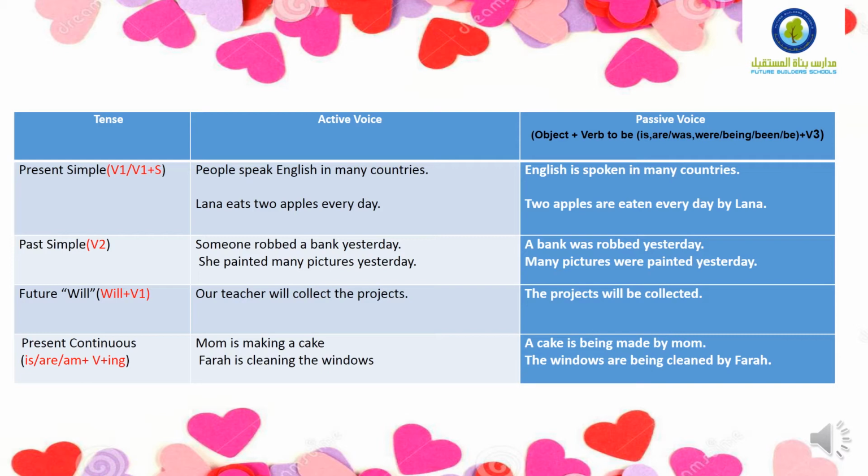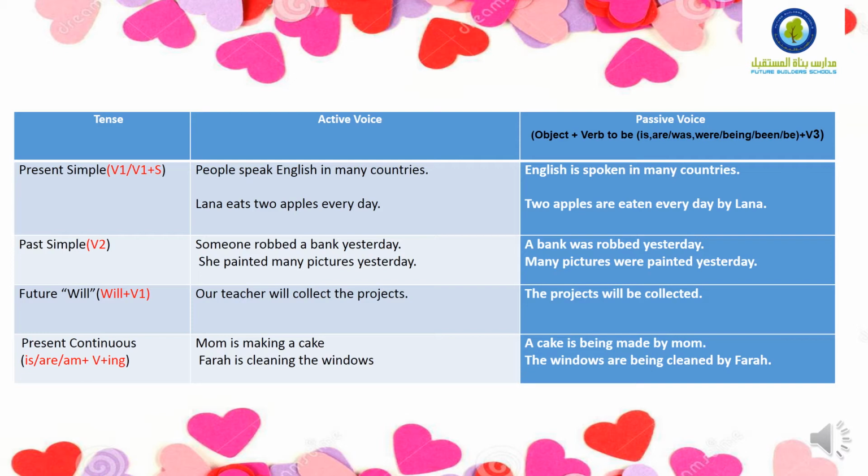And present continuous المضارع المستمر which is are, am with verb ing. Now how can we see them in active and how they will be in passive voice? Now if you look at the column that has the passive voice العمود اللي فيه الأفعال أو الجمل المبنية للمجهول, you have here in the black color object, then you add verb to be, then you add verb 3.